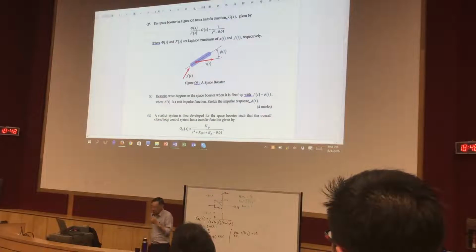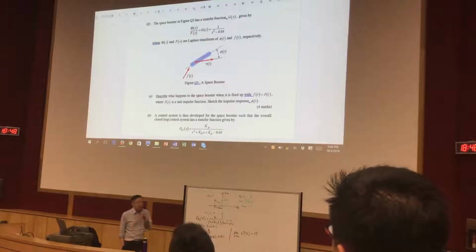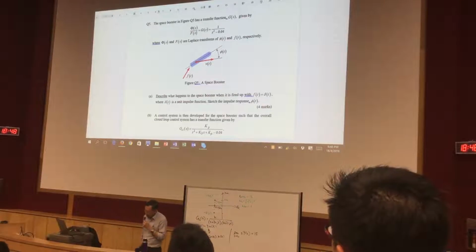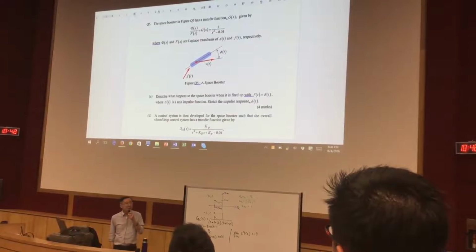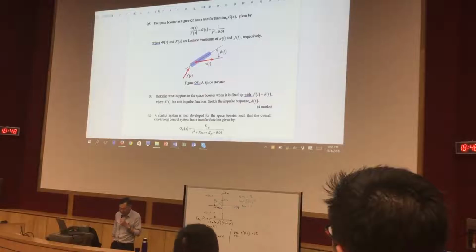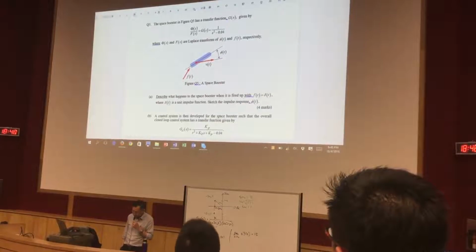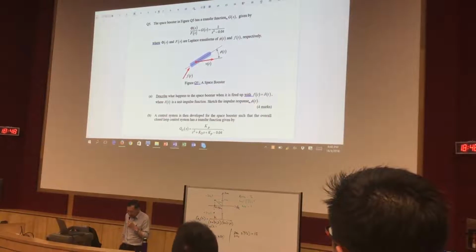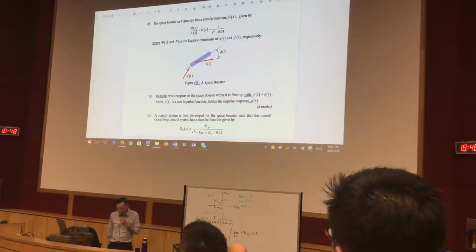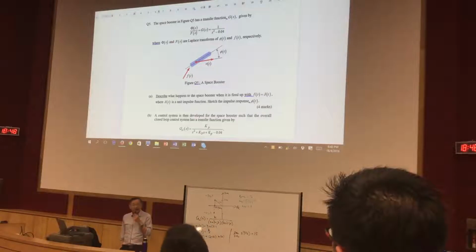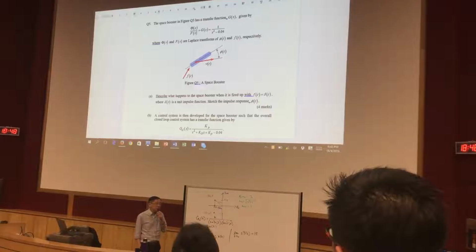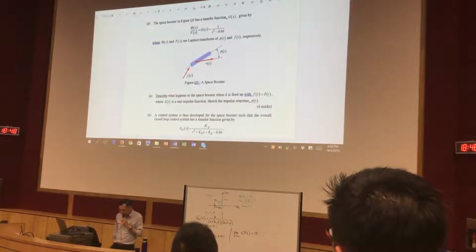A space booster in figure Q5 has a transfer function as shown, where capital Phi and capital F are the Laplace transforms of little phi and little f, respectively. Describe what happens to the space booster when it is fired up with f(t) equal to delta(t), this is an impulse, where delta(t) is the unit impulse function, and sketch the impulse response.